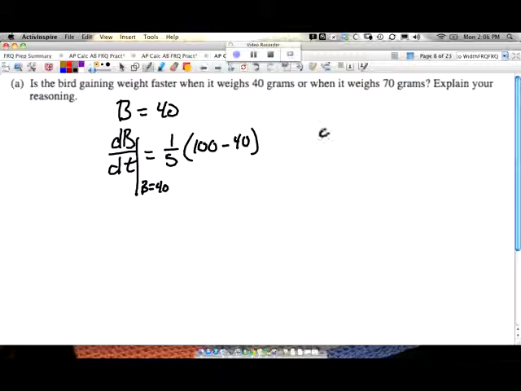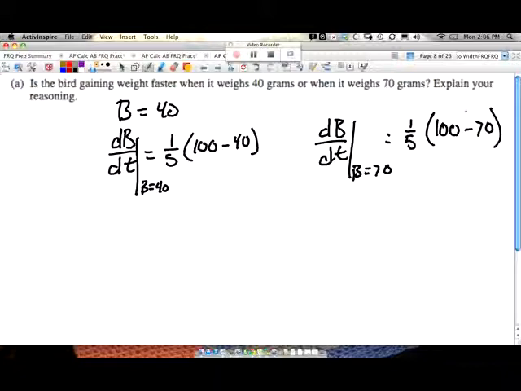And then db/dt at b equals 70 is 1/5 times (100 minus 70). Aha! Now check this out. This calculation over here on the left, if I subtract 40, that's 60. 60 divided by 5 is what, 12? And over here I have 30 divided by 5, that's 6.